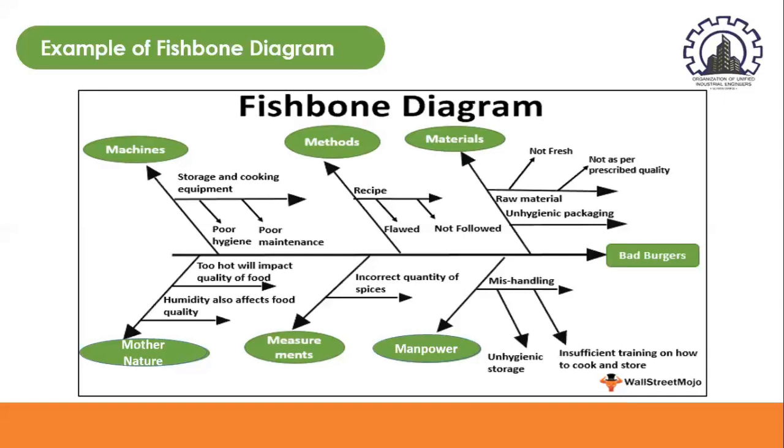So you will ask yourself, why mishandling? Because of unhygienic storage. Meaning to say, they do not clean their utensils properly, maybe. And also you have insufficient training on how to cook and store.